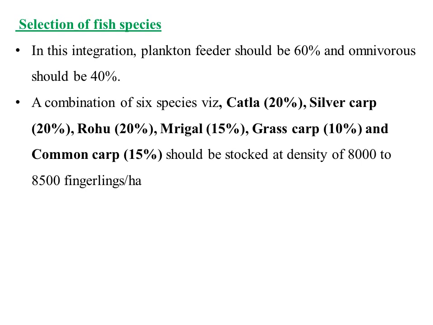A combination of six species of common carp varieties can be cultured in this integrated farming system, with 20% catla, 20% silver carp, 20% rohu, 15% mrigal, 10% grass carp and 15% common carp. They are stocked at a density of 8,000 to 8,500 fingerlings per hectare area of the ponds.